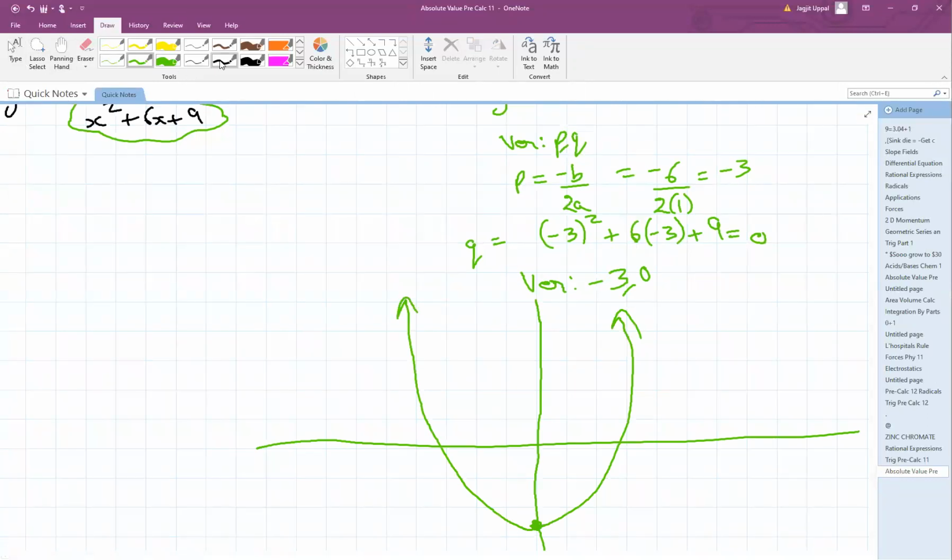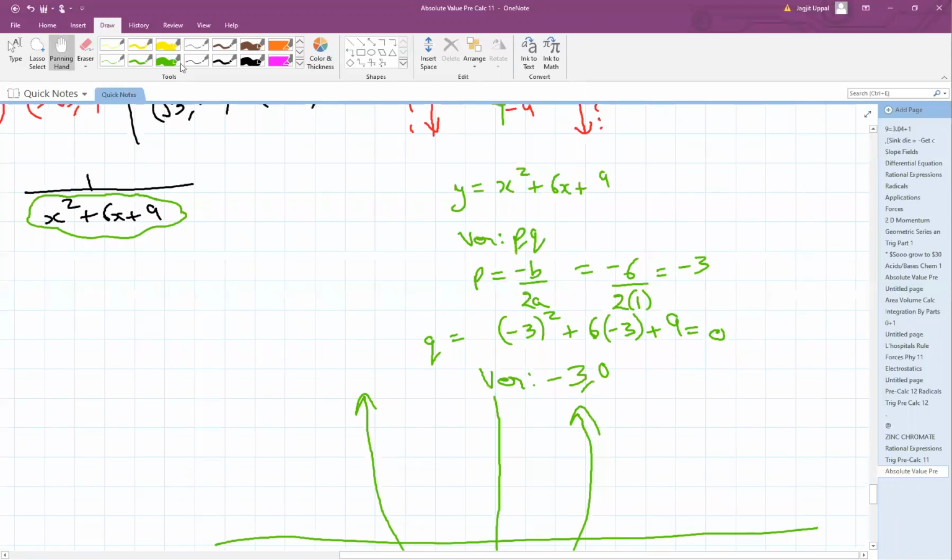Okay, now we need to get the y-intercept and the x-intercept. So let's get the y-intercept and x-intercept.